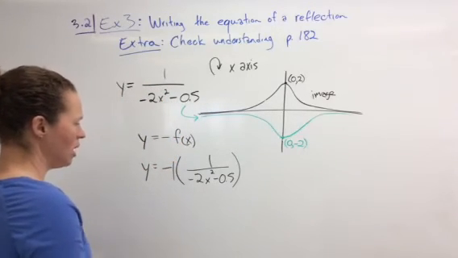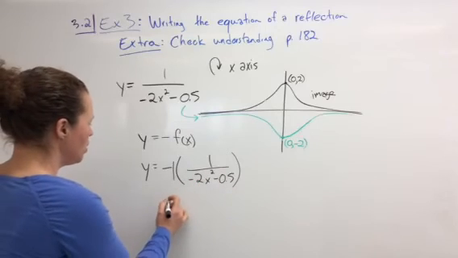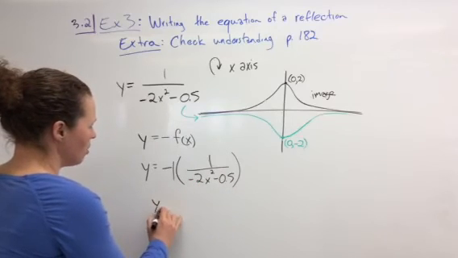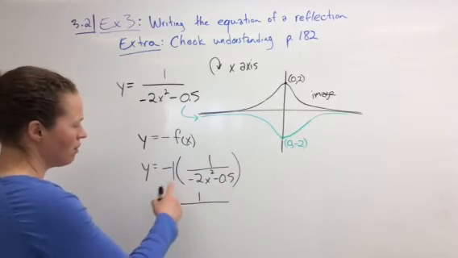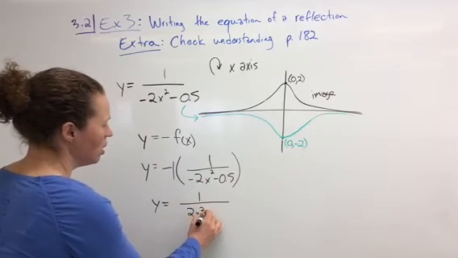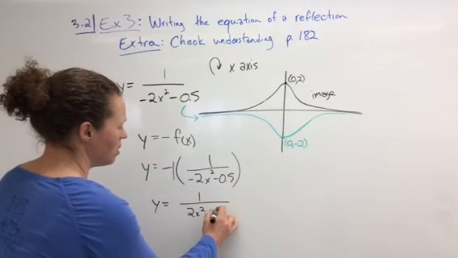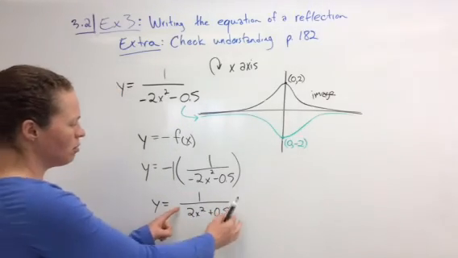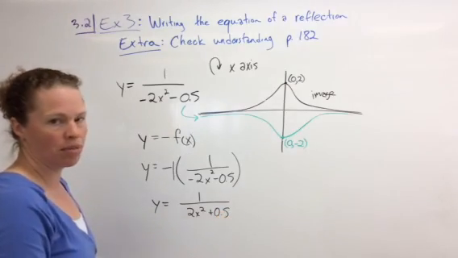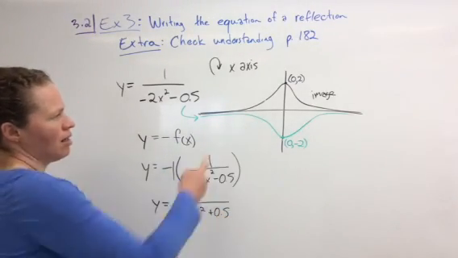And the easiest way to do that is just the bottom part here. So I'm just going to make it y equals 1 over and flip the signs. Negative times negative is a positive. Negative times negative is a positive. So you should be able to plug that in your calculator, remembering to put brackets around the denominator, and get that image.